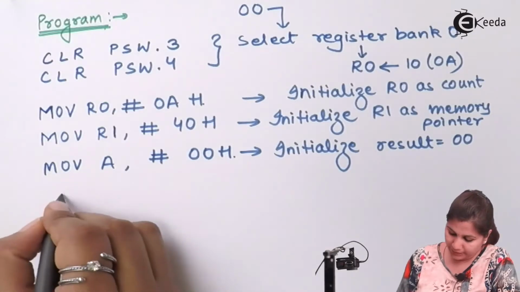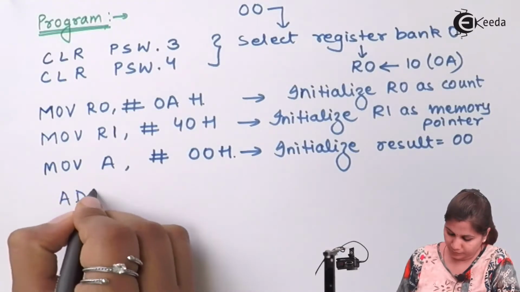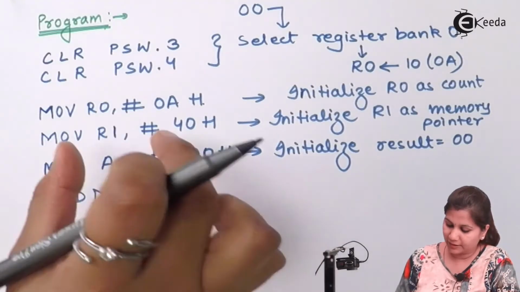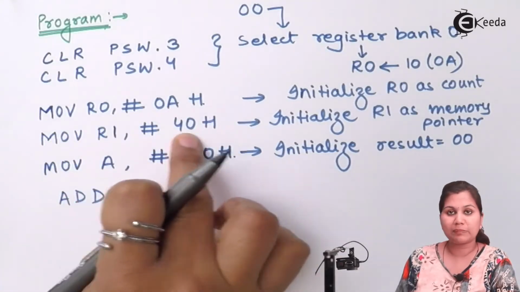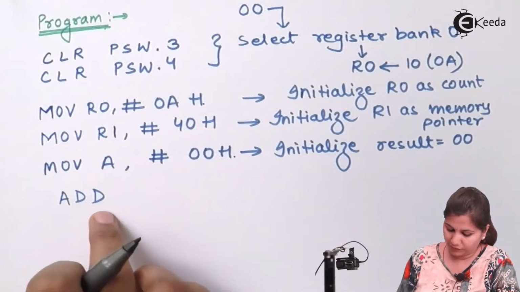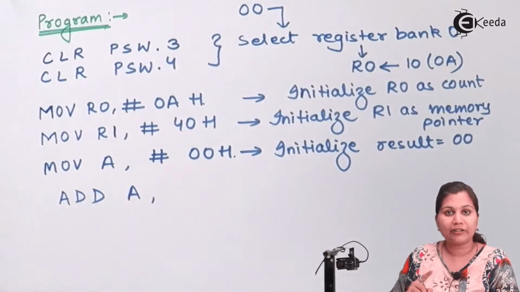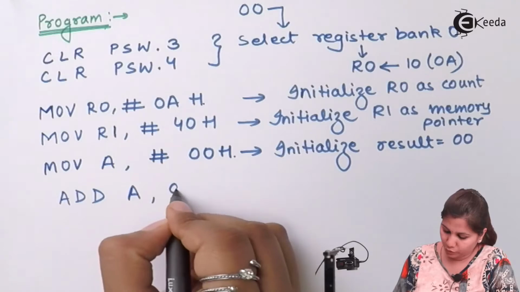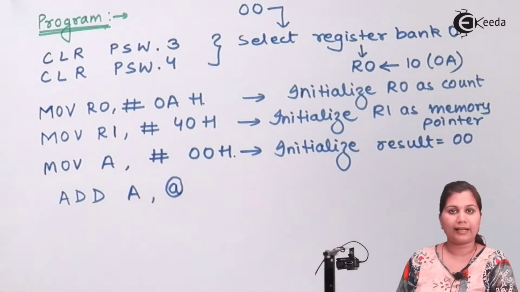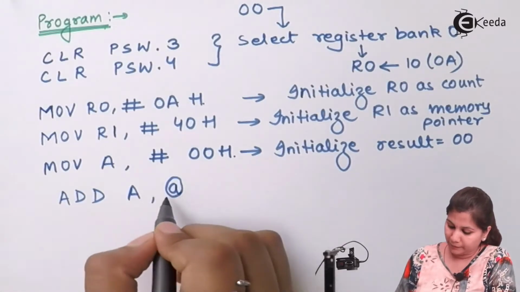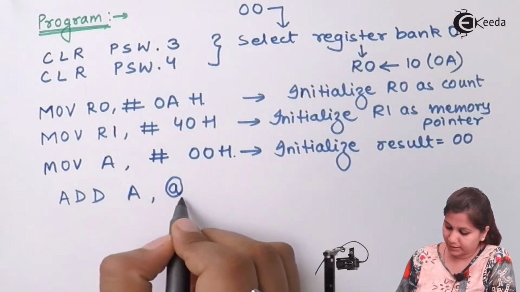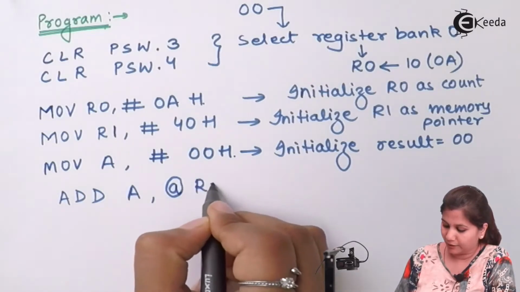So next step is the addition. We have to add this result with the number which is at this memory location. So how we will add A, and indirect addressing we have to use, so we use the sign asterisk. Okay, so this sign and R1.